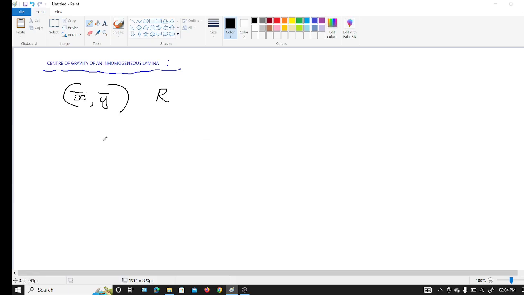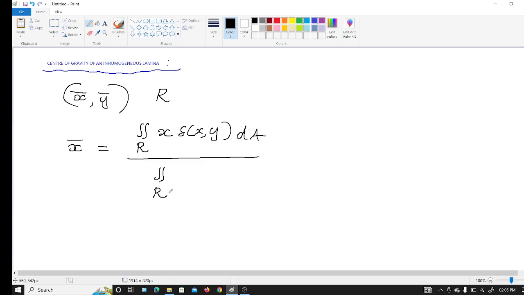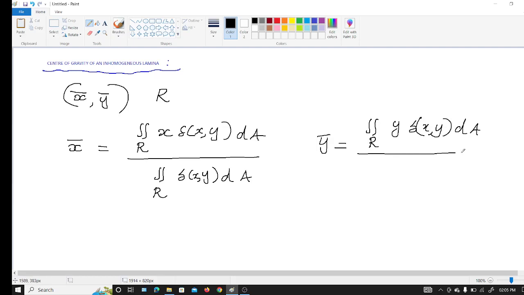Now, the center of gravity x bar, y bar of a lamina is calculated by using the formula x bar equal to double integral over R x delta xy dA divided by double integral over R delta xy dA, and y bar is equal to double integral over R y delta xy dA divided by double integral over R delta xy dA.